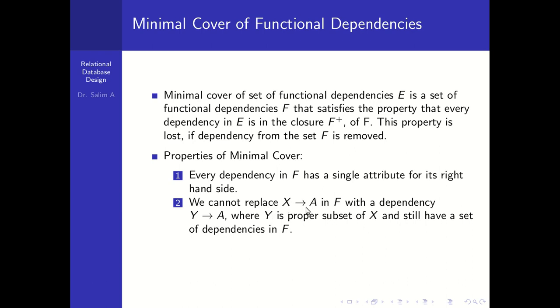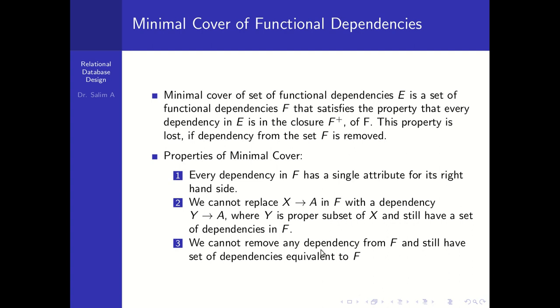That is, you have X determines A in F and you remove something so that Y is a subset, and still this works. This condition imposes the constraint that this should be the minimum set of functional dependencies. We cannot remove any dependency from F and still have the set of dependencies work. Therefore, these three are the properties of minimal cover.